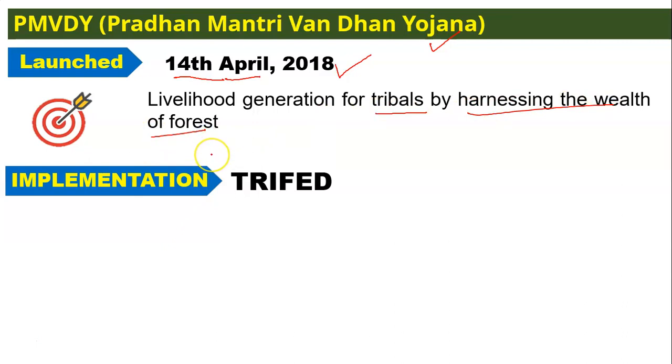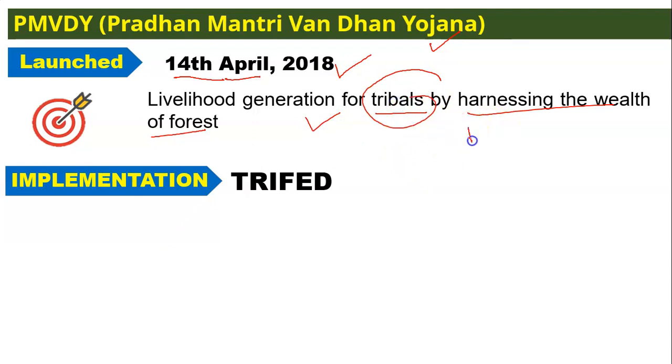Friends, you all know that this Van Dhan Yojana scheme is a component of the mechanism for marketing of minor forest produce through minimum support price. So the main aim of this scheme is to create livelihood generation for the tribal peoples.